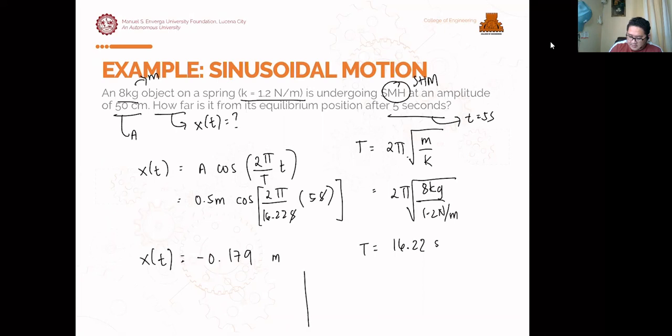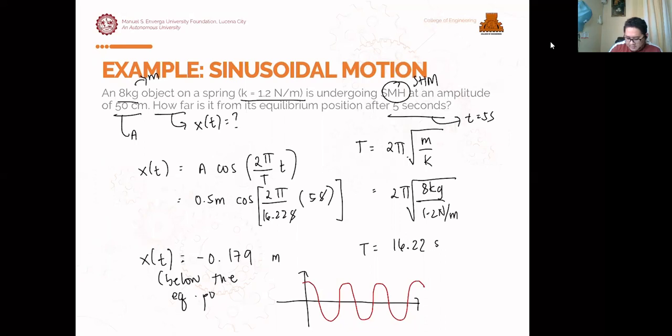So, kung ito yung, halimbawa, cosine wave natin, yung position na 0.179 in 5 seconds, is nasa ilalim ng axis natin. Okay? So, ibig sabihin siya ay below the equilibrium position.